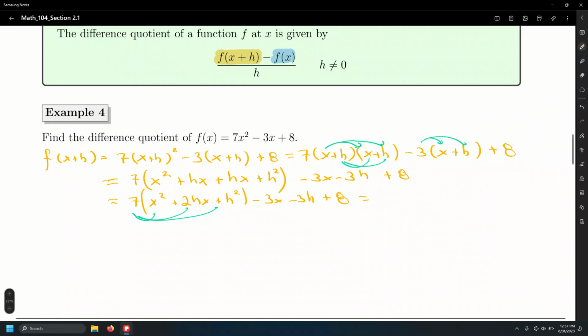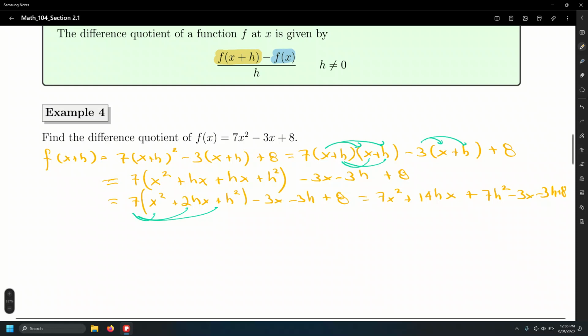So that's 7x squared plus 7 times 2, that's 14hx, plus 7 times h squared, that's 7h squared, and this is going to be minus 3x minus 3h plus 8, right? And actually, there's nothing to simplify here even further, right? There's no like terms at all. However, there will be once we combine them together into the difference quotient here.